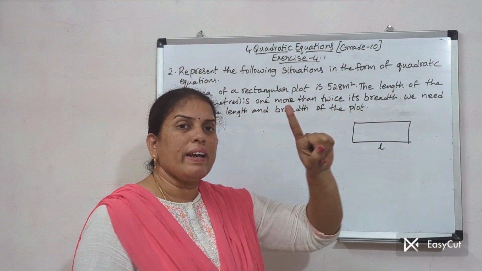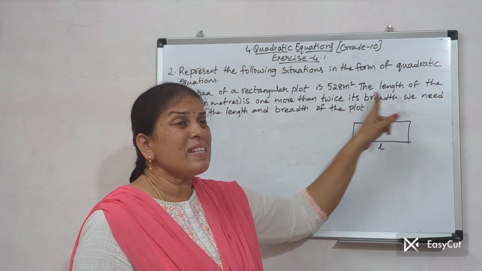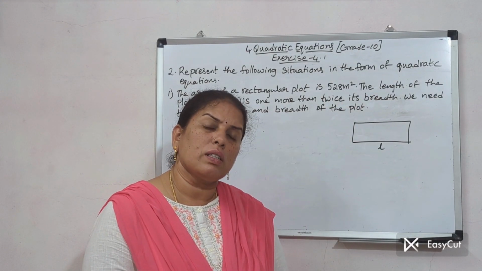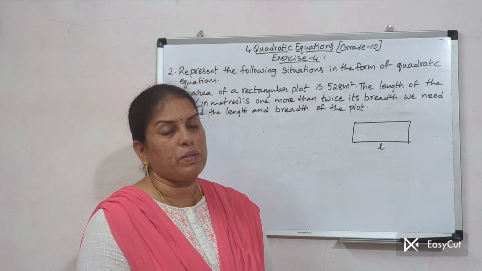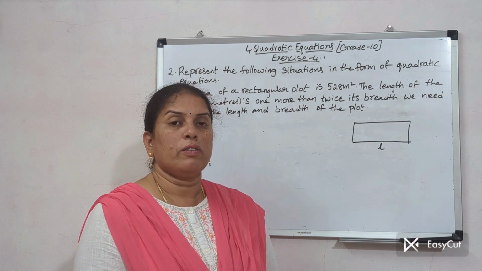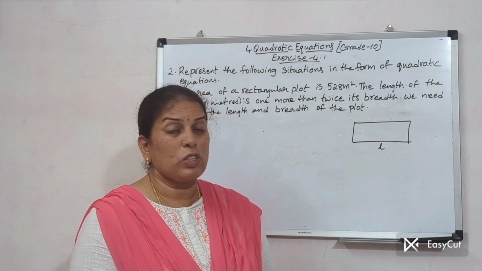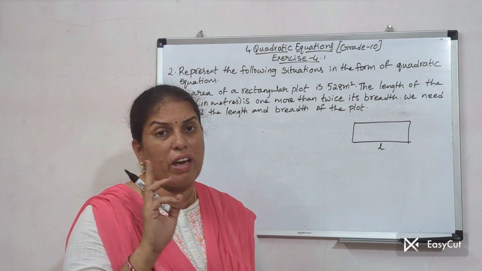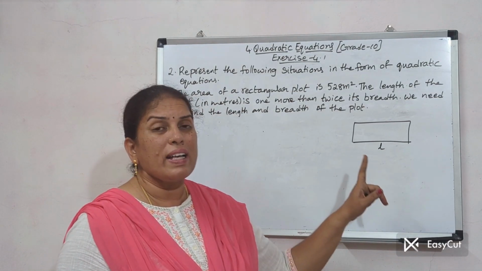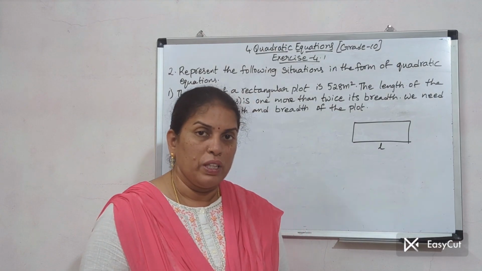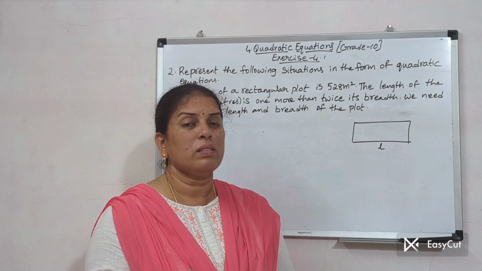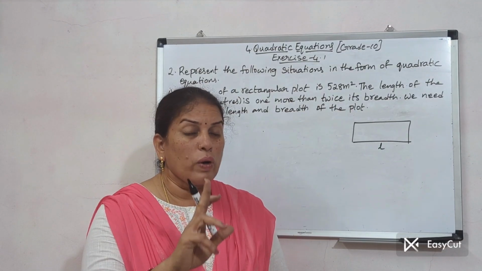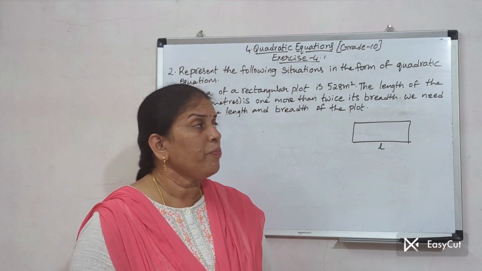They told that it is one extra, then twice its breadth. Twice means what? Twice means 2 times. Thrice means 3 times. 4 times means 4 into. Twice means 2 into. Remember, very important point. Twice means you must multiply with 2. Double means 2 times. Twice or double, both are the same only.